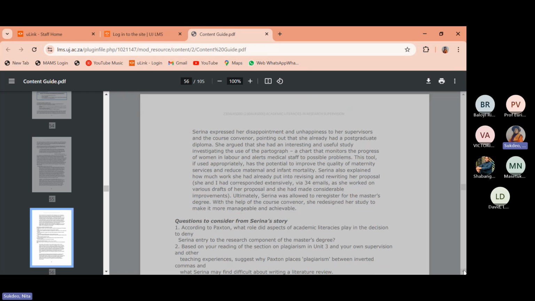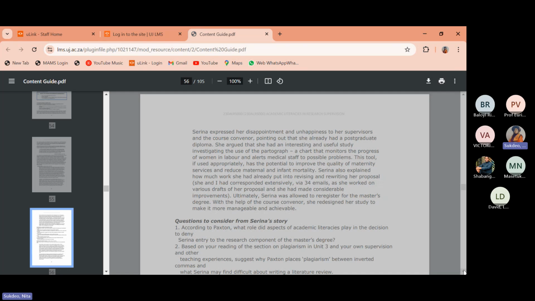Serena expressed her disappointment and unhappiness to her supervisors and the course convener, pointing out that she already had a postgraduate diploma. She argued that she had an interesting and useful study investigating the use of partographs, a chart that monitors the progress of women in labor and alerts medical staff to possible problems, which is information you don't get from journals.